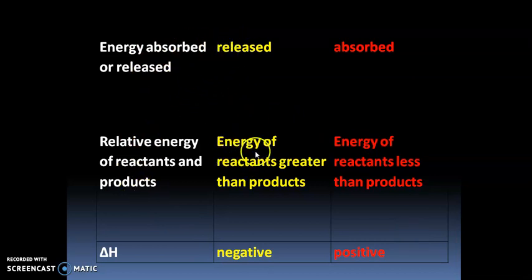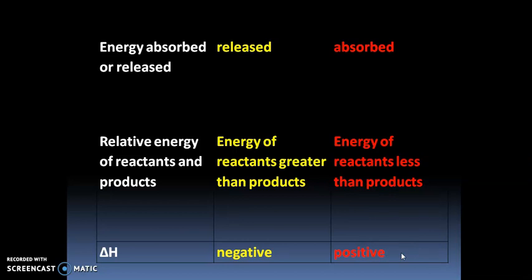In this column the reaction shows energy of reactant greater than product and the value of delta H is negative, whereas in the red column energy is absorbed by the reaction, we can say the energy of the reactant is less than the product and delta H is positive in nature.